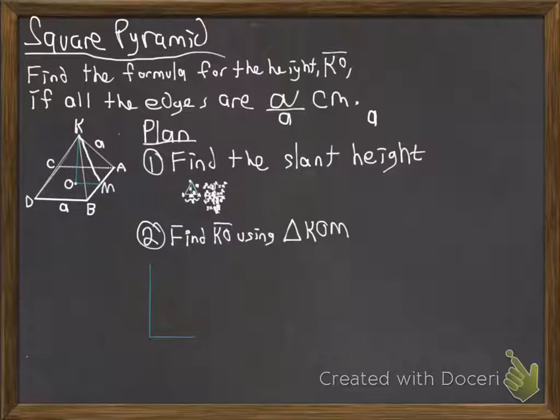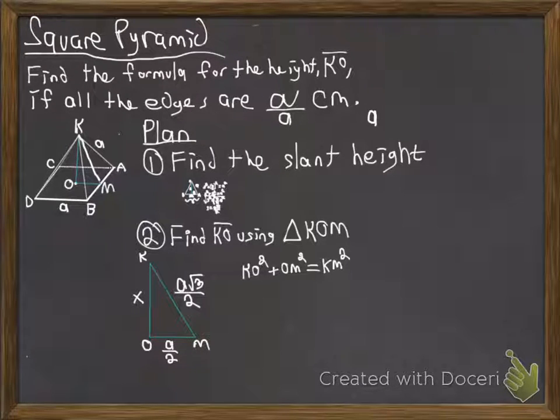Alright, so we have triangle KOM. And we know that KM, we did all that hard work to find, was A root 3 over 2. That is A over 2 for OM, like we talked about before. And KO is our X. We don't know the value. So let's go ahead and use the Pythagorean theorem now here to find X. And we will have our formula for KO. So let's get that done.